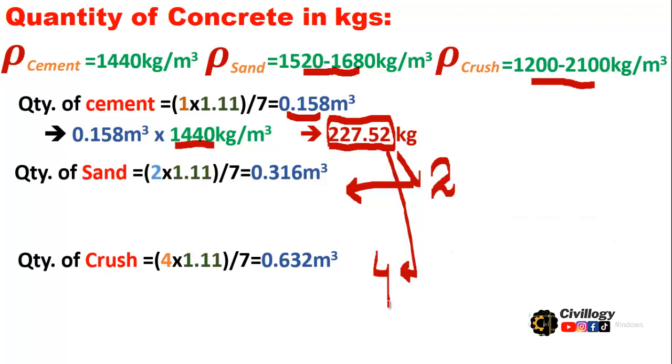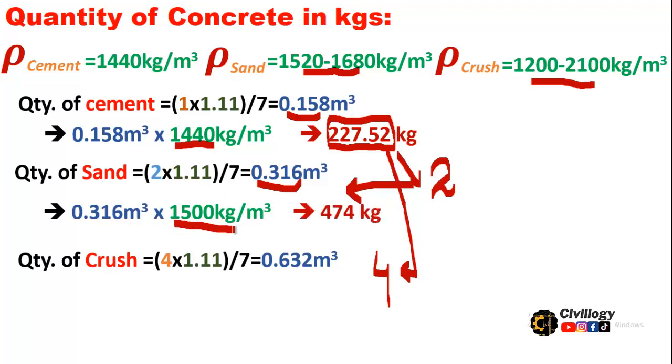If you know the exact density, then follow this method. Multiply the volume of sand that we calculated in the previous slide by the density of sand, which is 1500 kg per cubic meter, and it comes out to be 474 kg.